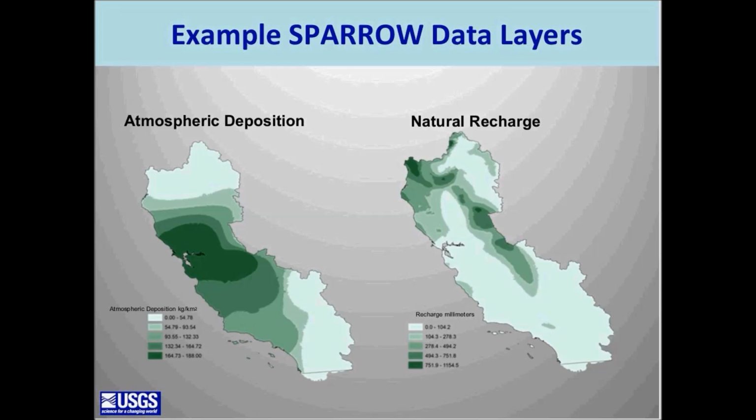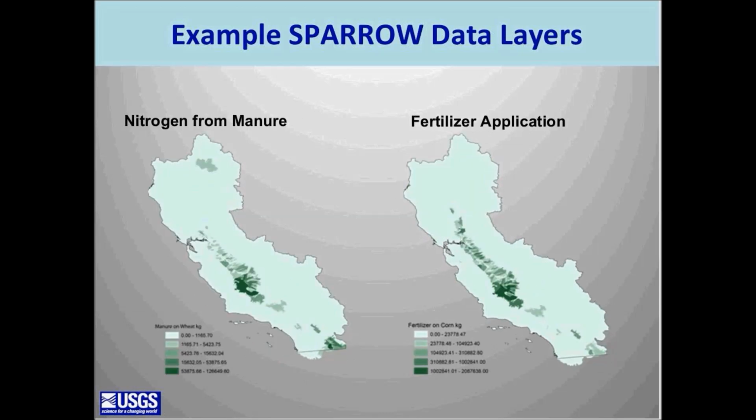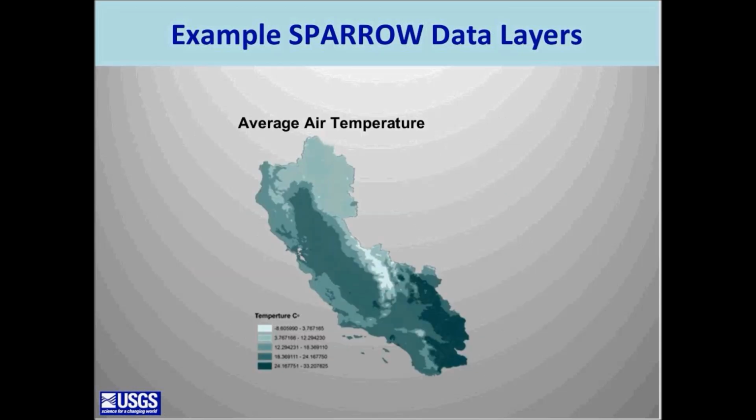We also have nitrogen from manure, fertilizer application, temperatures, and other data like geology, land use, soils, and precipitation, all of it surrounding the 2002 base year.